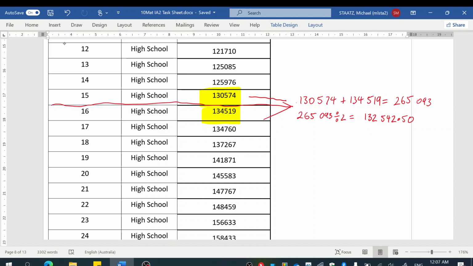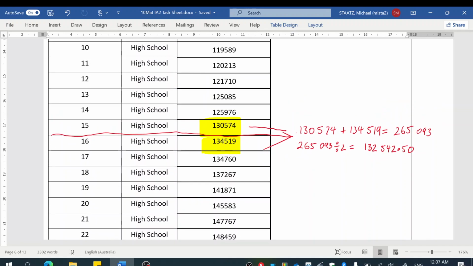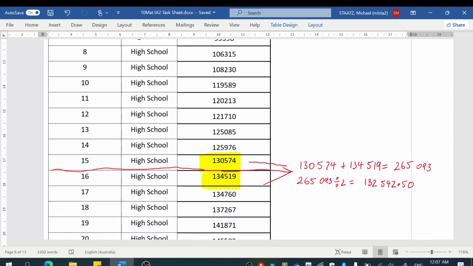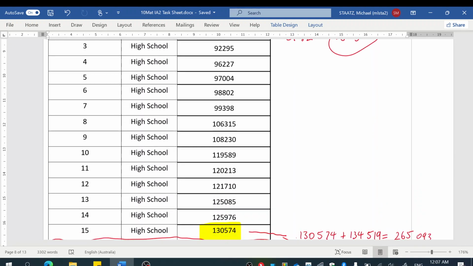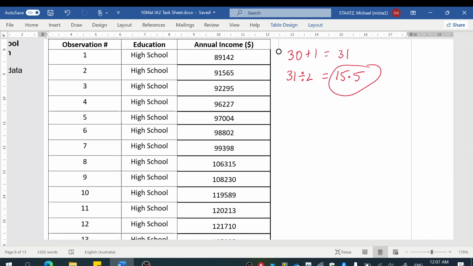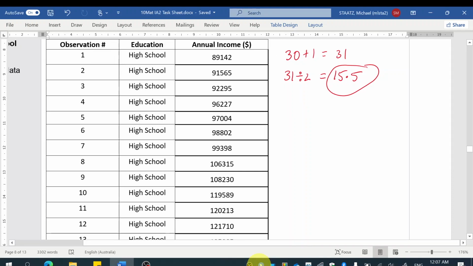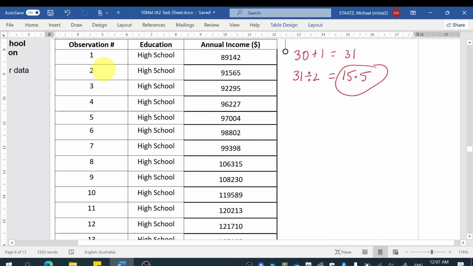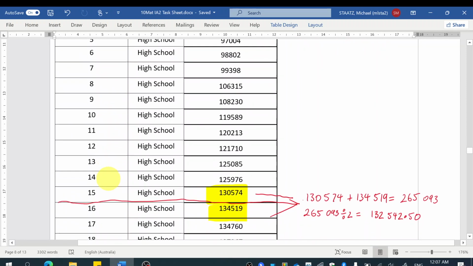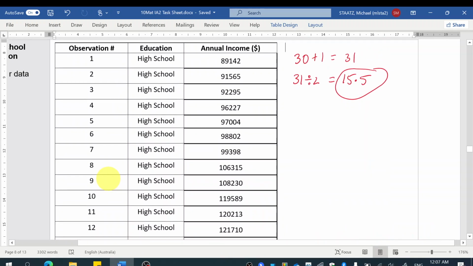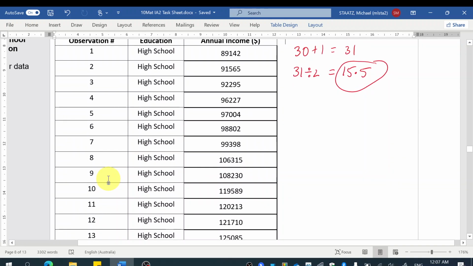I then repeat that process to find Q1 and Q3. Alright, so I'm going to come back to the top here. I have got 15 observations. So from the top to here, I've got 15 observations, and I need to find the middle one of those.